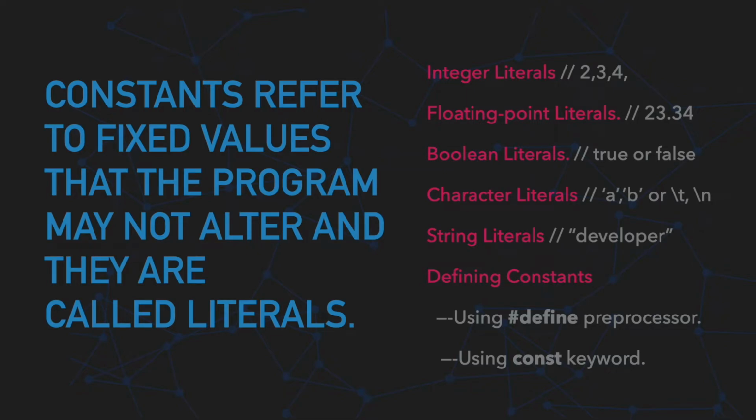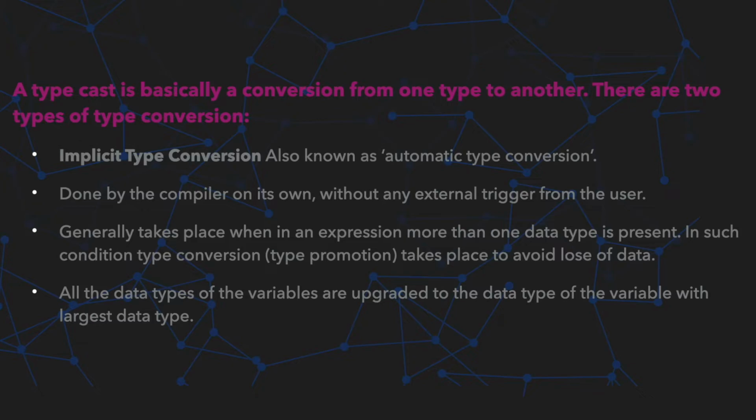Now we will see what are the different types of typecasting. Basically, a typecast means the conversion of a data type from one to another. If I want to convert an integer to a float data type, that is called typecasting. Basically there are two types.